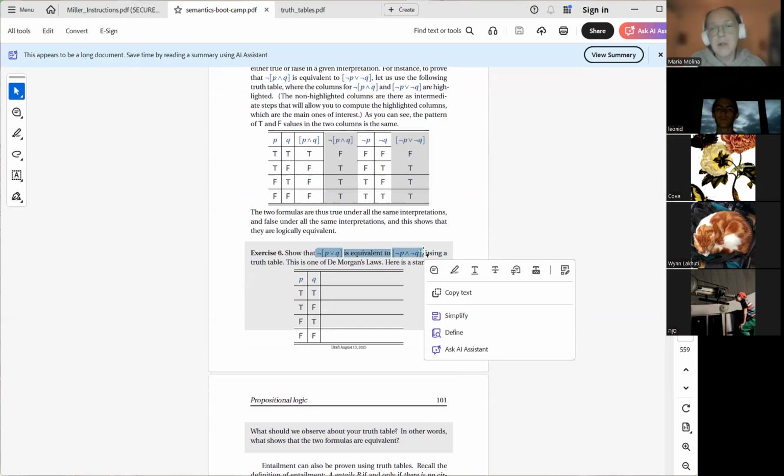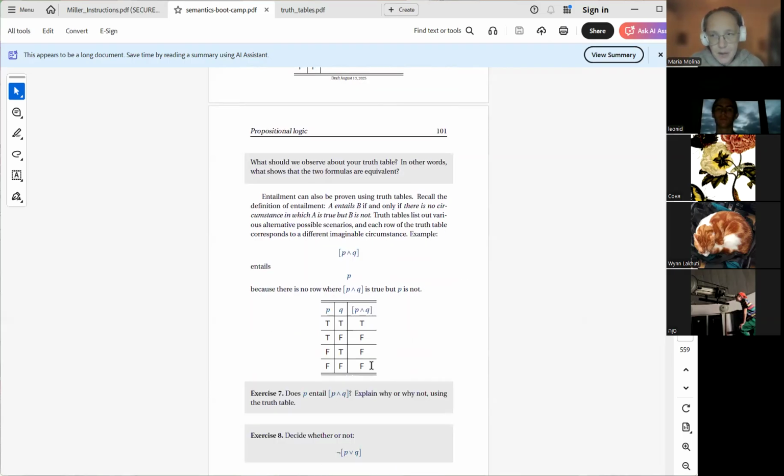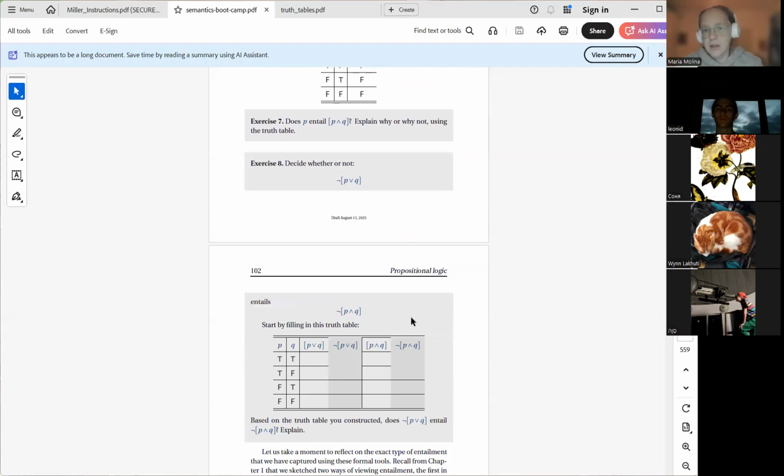It's equivalent: it's not both raining and windy. Okay? So I guess Sonia is correct here.